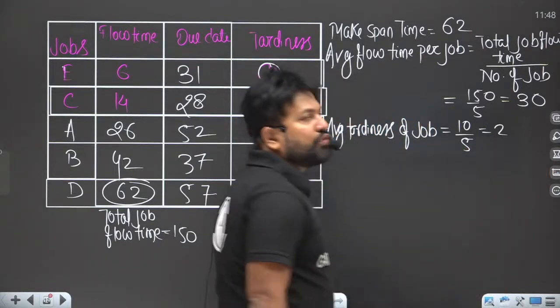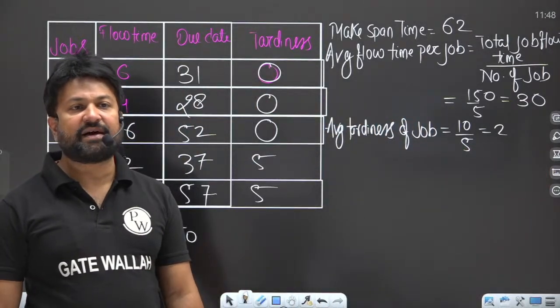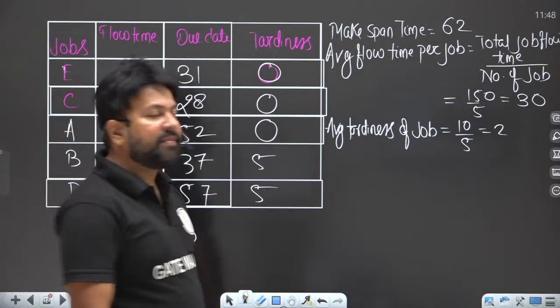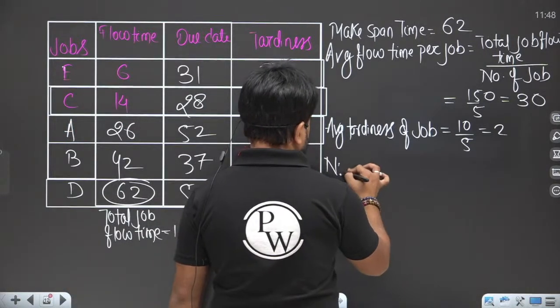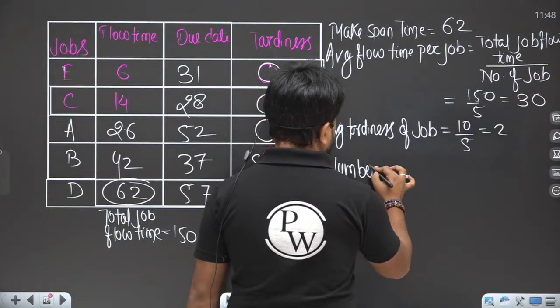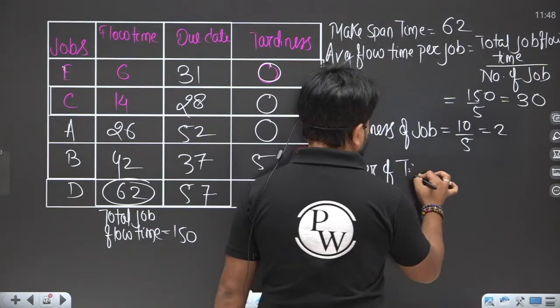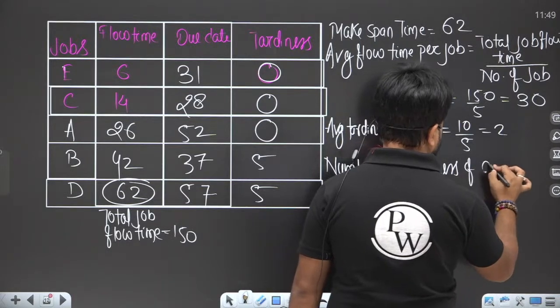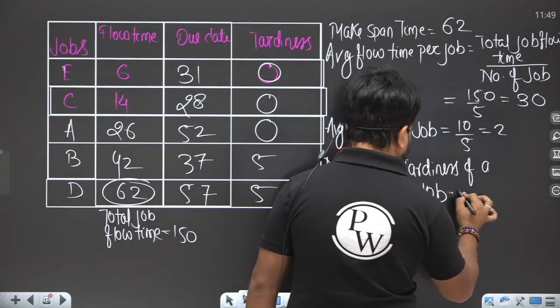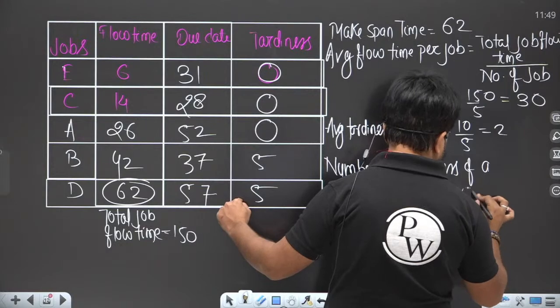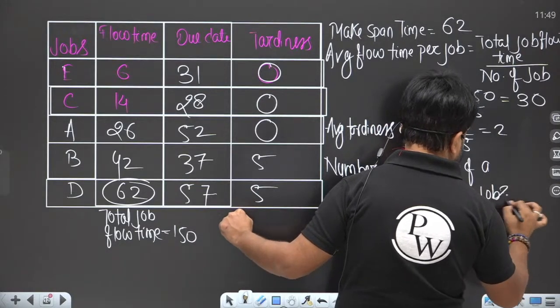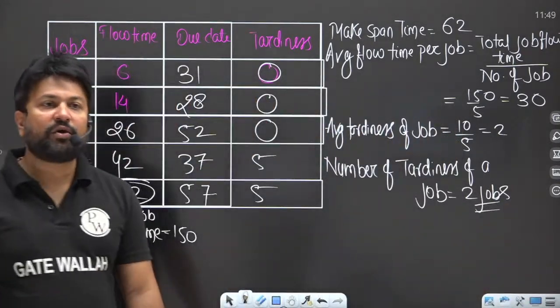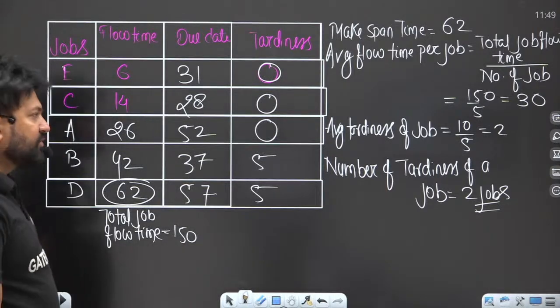So 2 units per job is the tardiness. Number of tardy jobs: 2 jobs. Right? I hope the thing is clear.